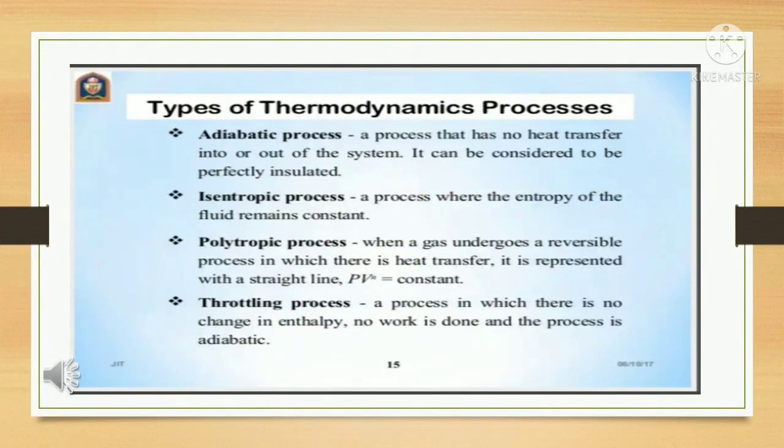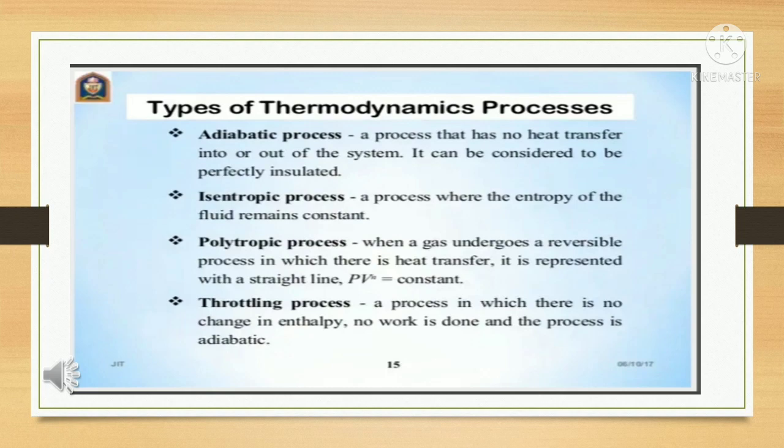Types of thermodynamic process. First one is an adiabatic process, a process that has no heat transfer into or out of a system. It can be considered to be perfectly insulated. And second one is an isentropic process, a process where the enthalpy of a fluid remains constant.